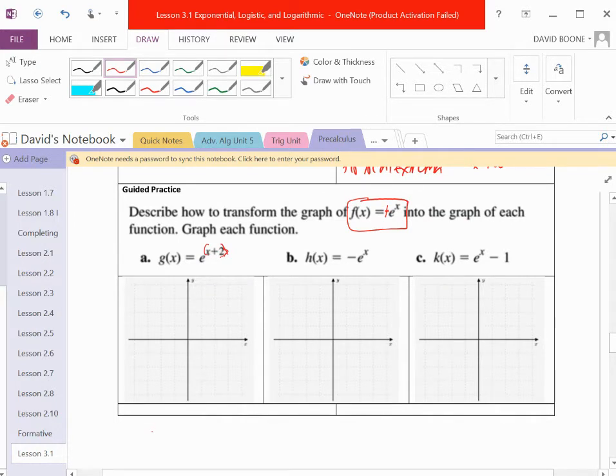So this would actually be going to the left 2. So I'm going to take that original exponential growth, which crossed here at our y-intercept of 1, and just move it to the left 2. So 1, 2, so it should cross right there. And it'll kind of go up like that.